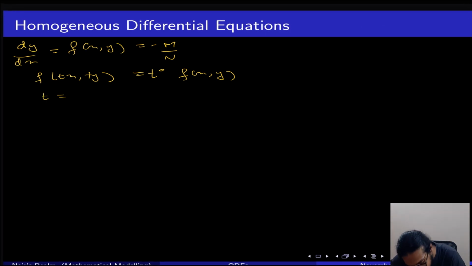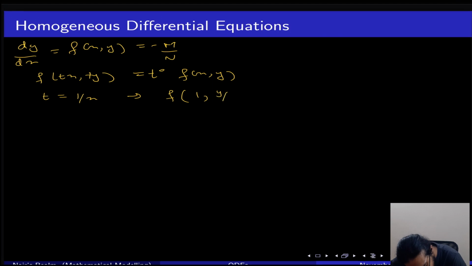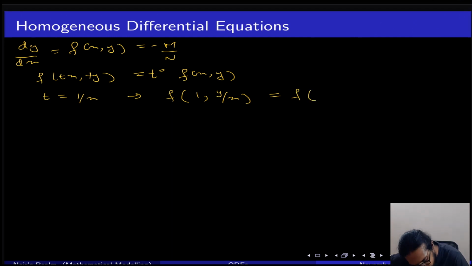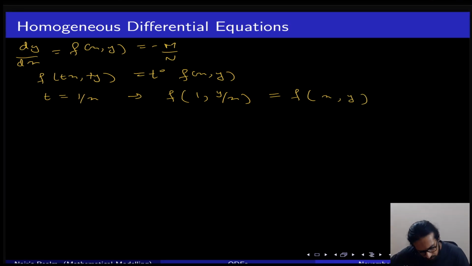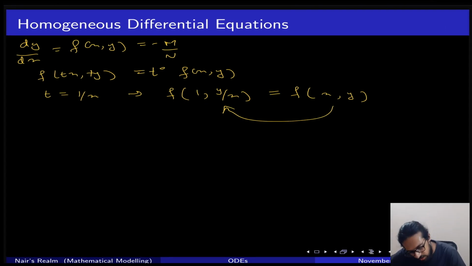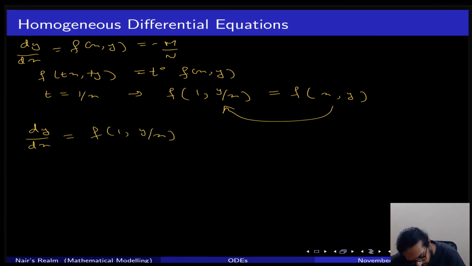So now if I were to take the substitution t is equal to 1 by x, then inside this I'll actually get f of 1 comma y by x is equal to t power 0, which is just 1, times f of x comma y. So this essentially means that f of x comma y can be written in the following way, or in other terms I can write the differential equation dy by dx is equal to f of 1 comma y by x.